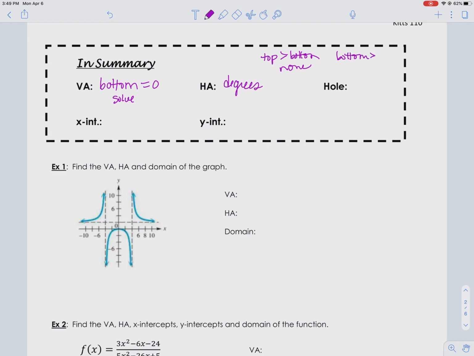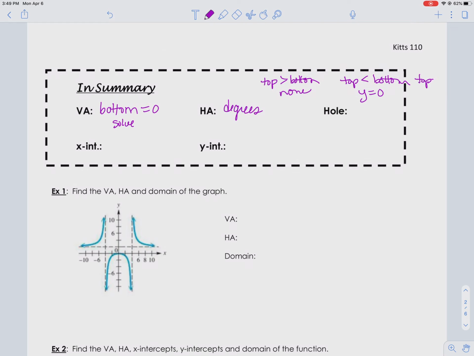If the top is smaller than the bottom, then it's y equals 0. If they're equal, top is equal to the bottom, then you'll have y equals the leading coefficient over the leading coefficient. Okay? You know you're going to have a hole in your graph if you have identical factors.